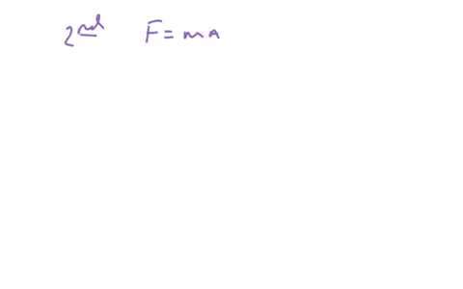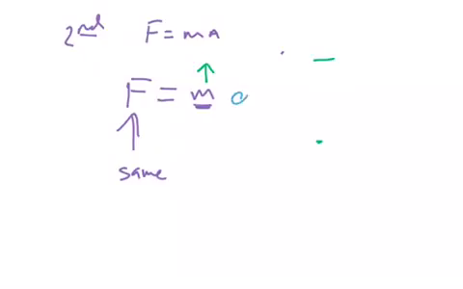Now what's important to realize is that if the force remains the same, and I change the mass, let's say I increase the mass, then acceleration has to decrease. And by whatever I change the mass, the acceleration has to change in the opposite direction.